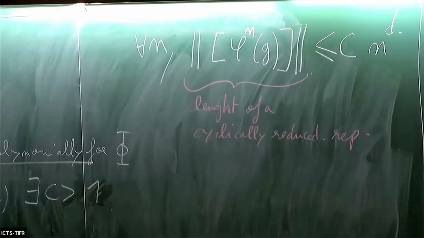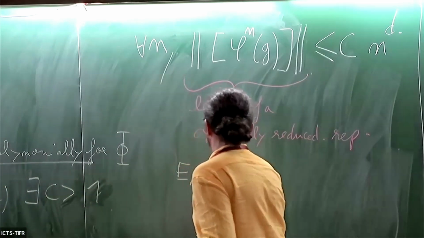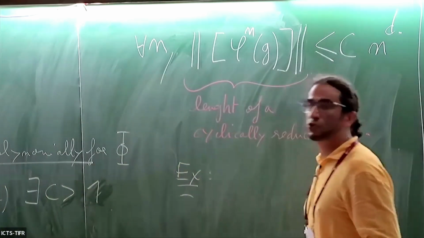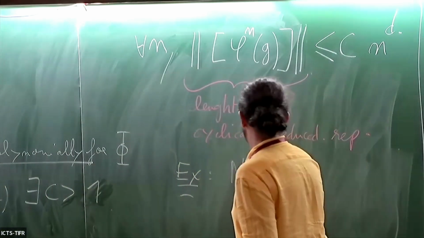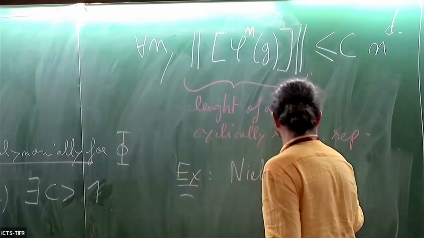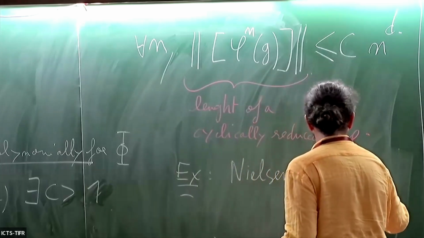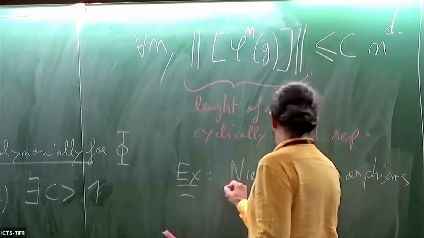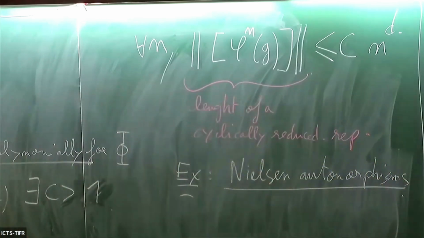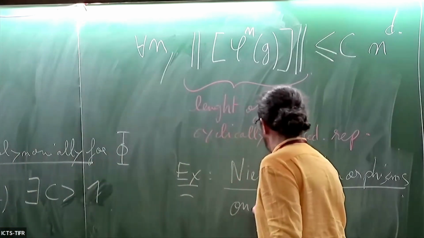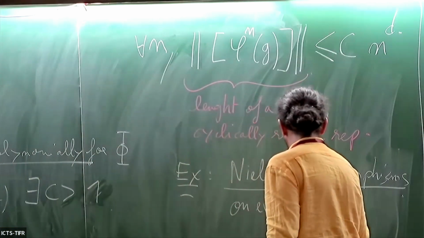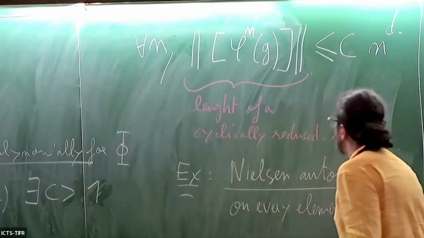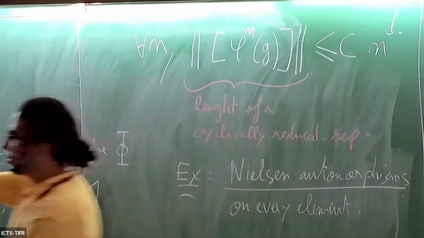So for instance, those Nielsen automorphisms of the beginning, they are like that. They are polynomially growing on every element. But it's not what we just saw.